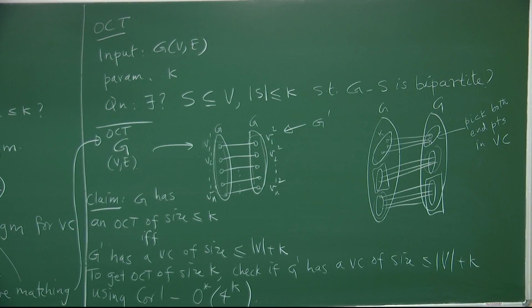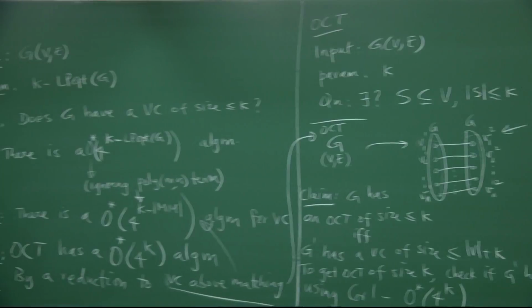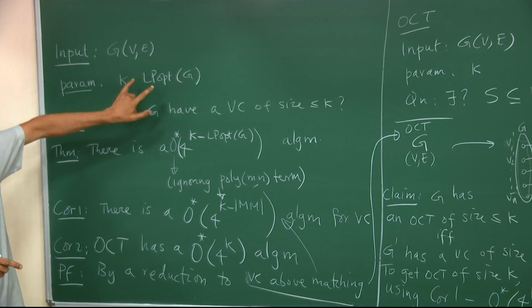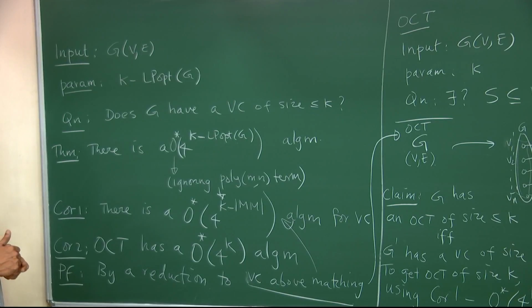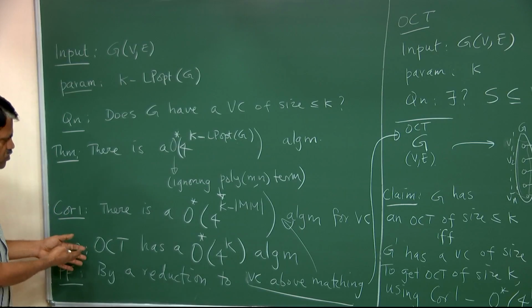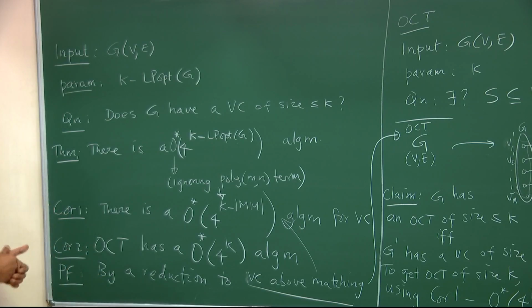Okay. So, let us see more applications of this. It started off as an interesting parameterization where you just say solution size is not the parameter, but something else, some difference between solution size and some guarantee. But it just surprisingly gave an FPT algorithm for the standard parameterization of OCT through this reduction.